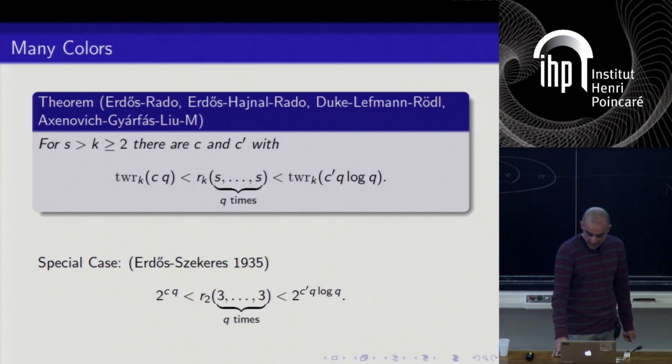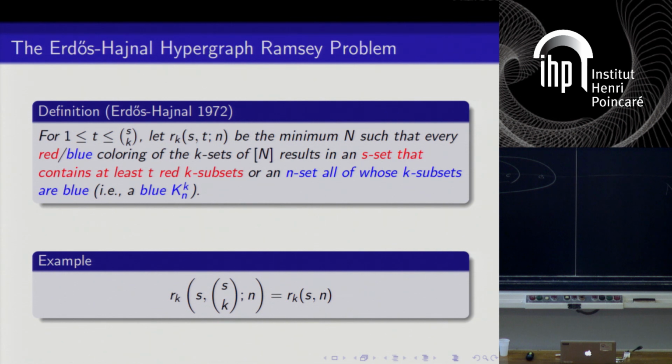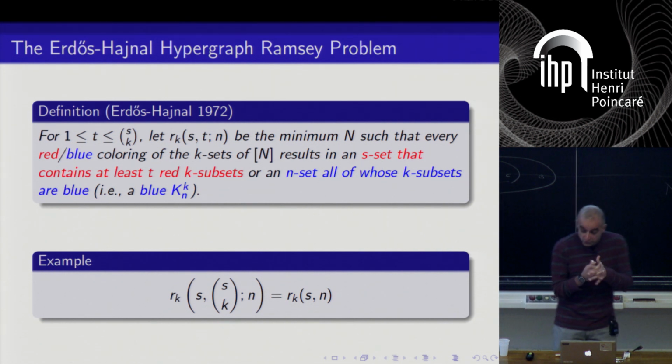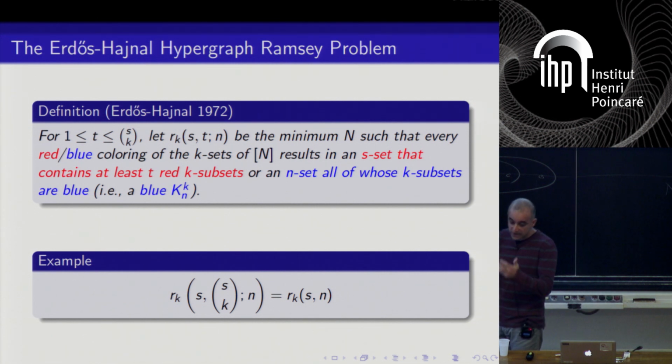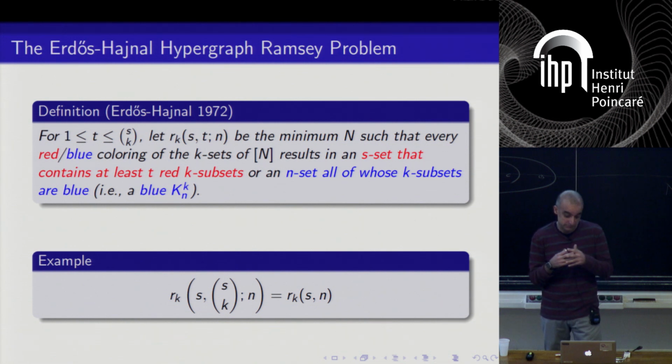Okay, so that's the situation with classical Ramsey numbers. Let me now move to extensions and generalizations, beginning with this beautiful problem of Erdős and Hajnal. In order to understand these Ramsey numbers, they make the problem a little more difficult by adding an extra parameter.